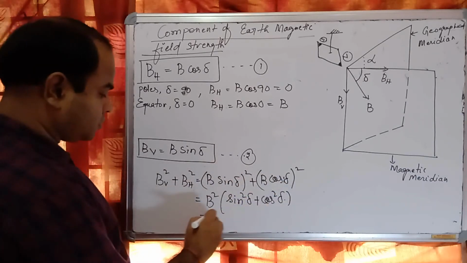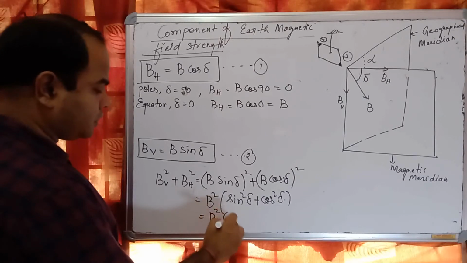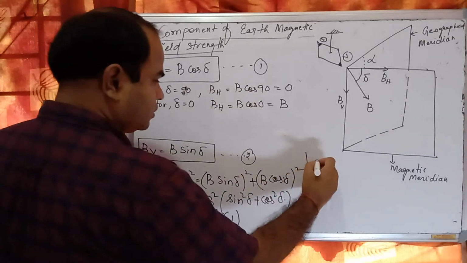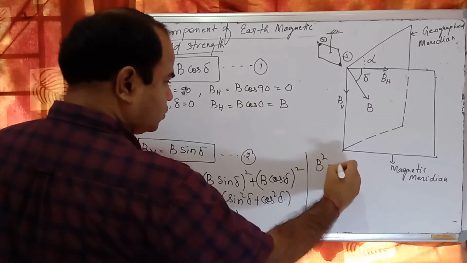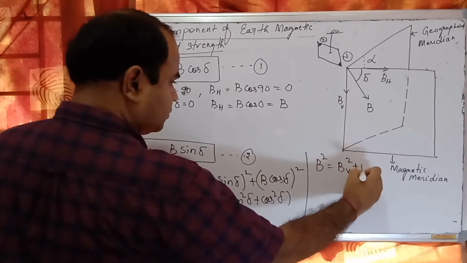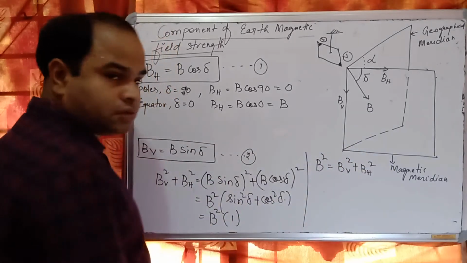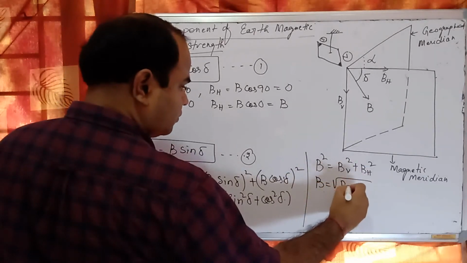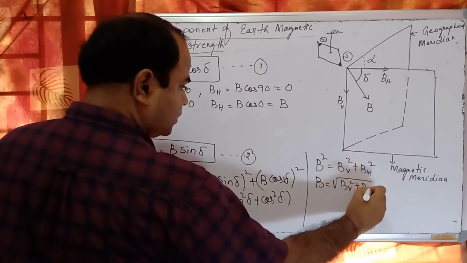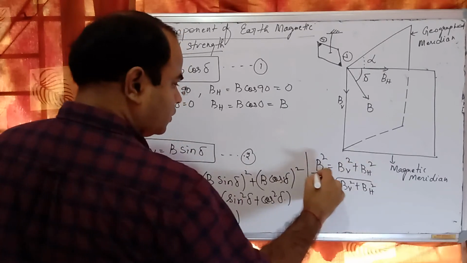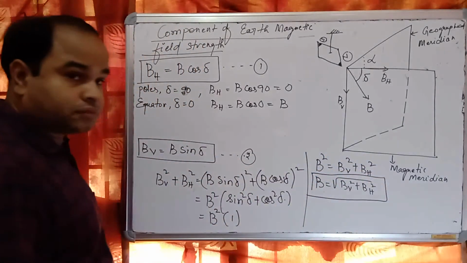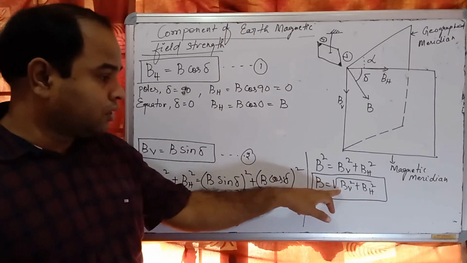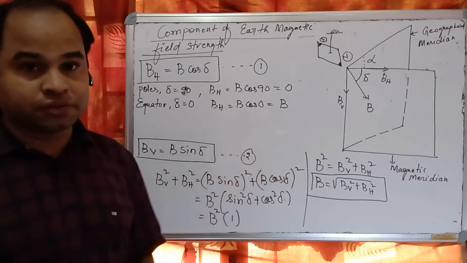So this is B square times 1. So the relation is B square is equal to BV square plus BH square. We can also write B is equal to root over of BV square plus BH square. So the net magnetic field strength of this earth magnet is root over of BV square plus BH square.